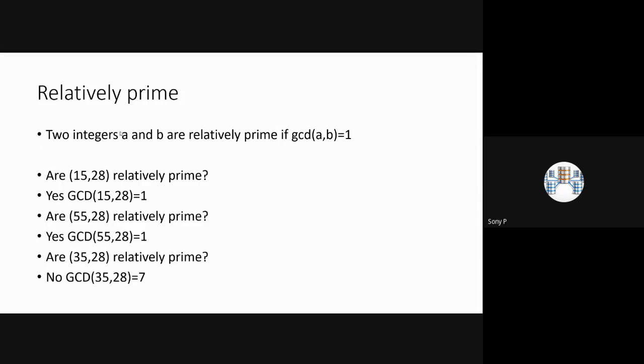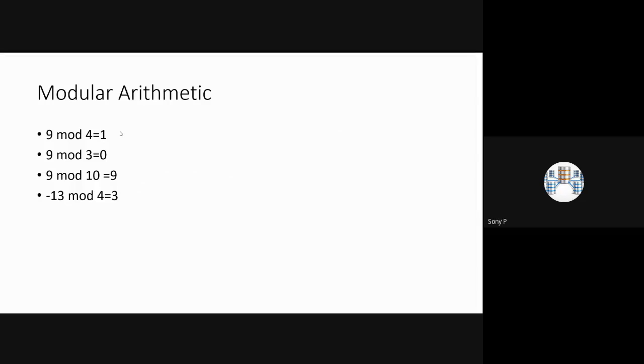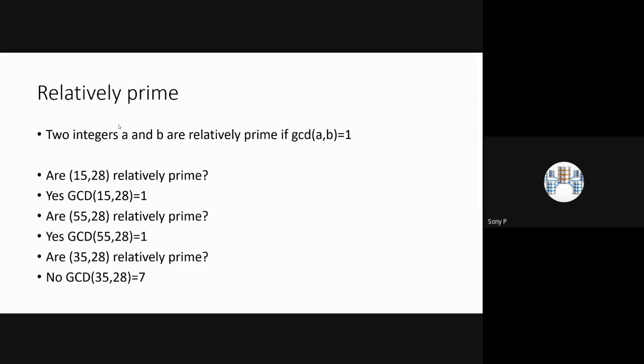And 55 and 28, again it is 1. Are 35 and 28 relatively prime? No, because GCD of 35 and 28 is 7, not 1, so they are not relatively prime. These relatively prime numbers are also called co-prime numbers. Thank you.